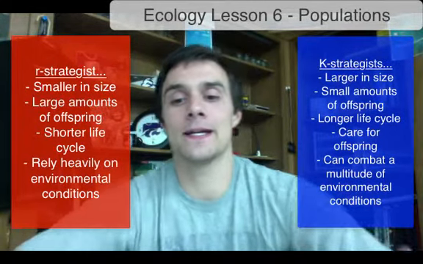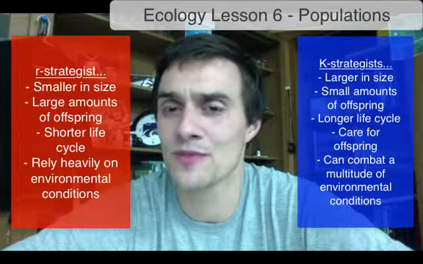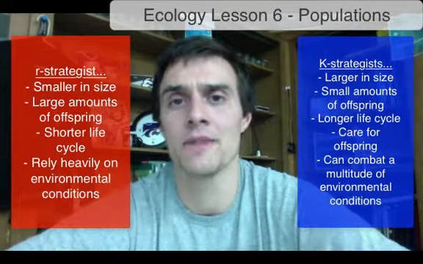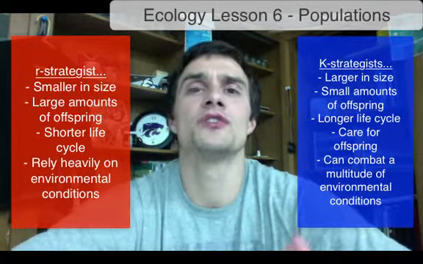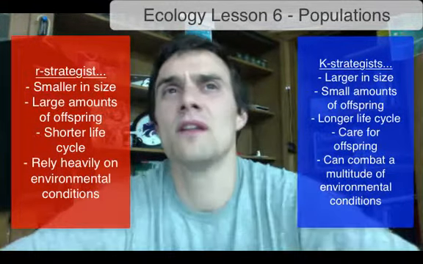Okay, and they can withstand some of those density independent factors, some of those environmental factors like hurricane, flood, fire, tornado, etc. All right, they've been equipped with some necessary traits to allow them to combat unfavorable environmental conditions.